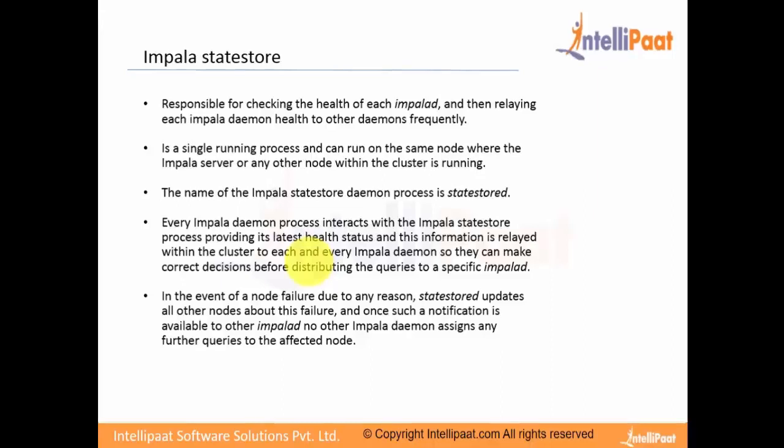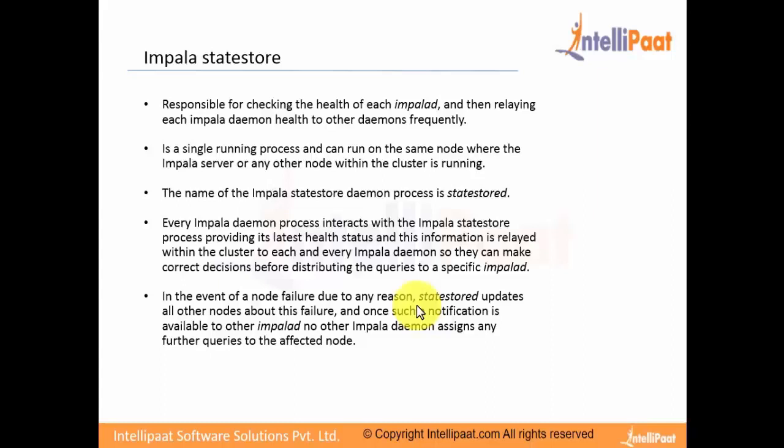So the state store D process helps the complete Impala cluster take decisions wisely about where the query should be executed and which node should be taken out of the processing.